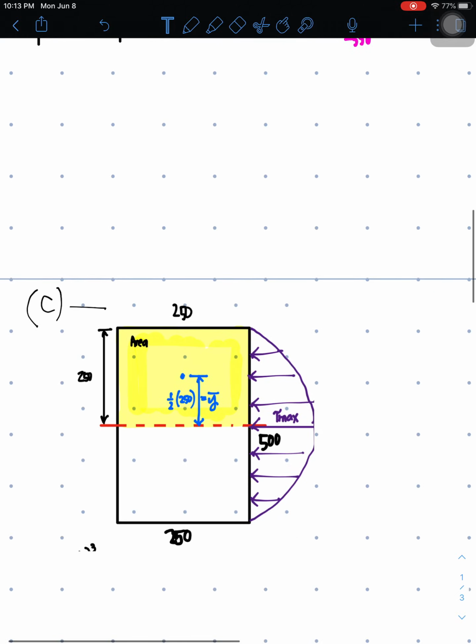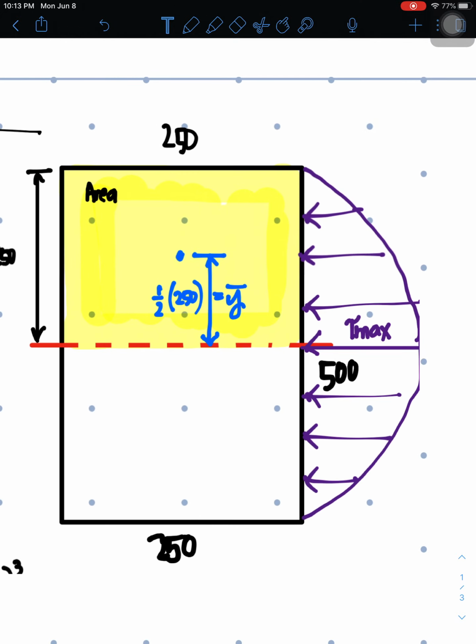Just transfer that one here. Okay, so what we're going to do now is I'll just draw a new one.